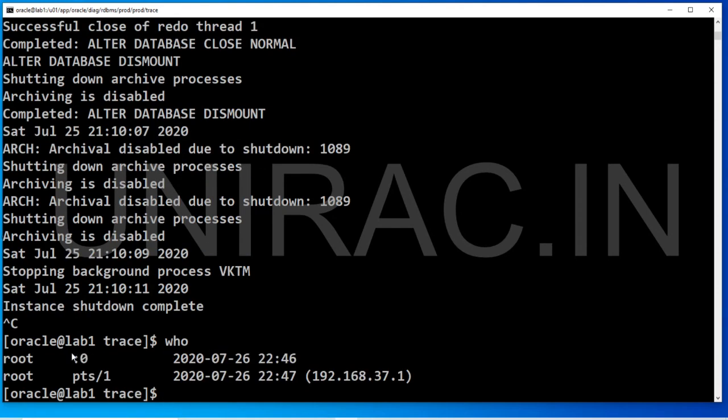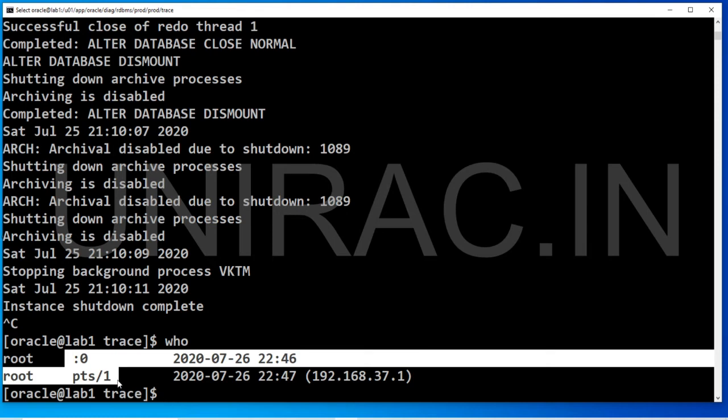I can see our own commands, but if someone else is still working on this machine, we can find out the user ID of the user who is working on this machine, either the root user or the Oracle user. But as of now only two sessions were found: one is ours, the other one is the command PTS process.